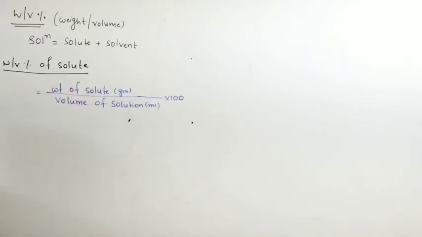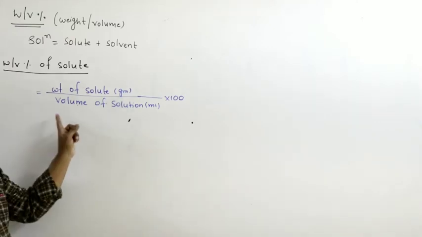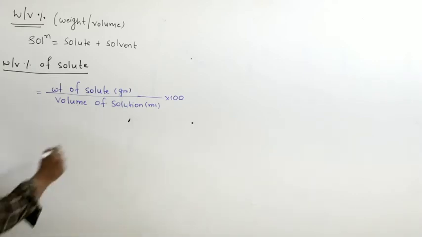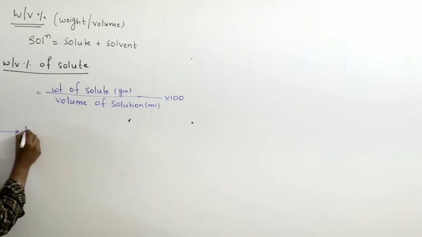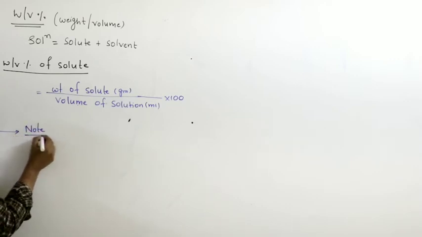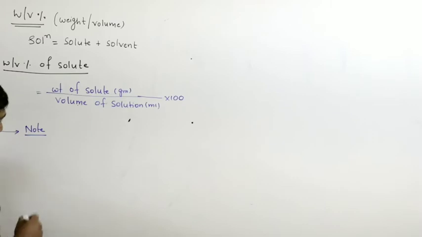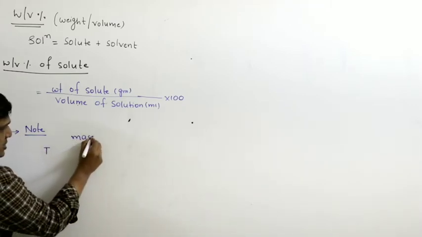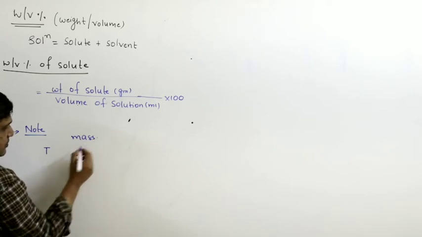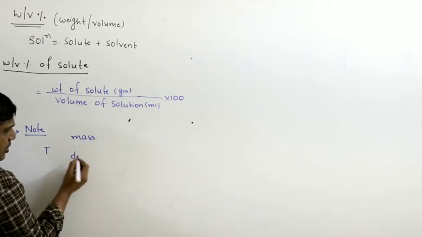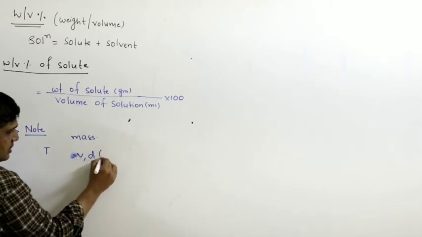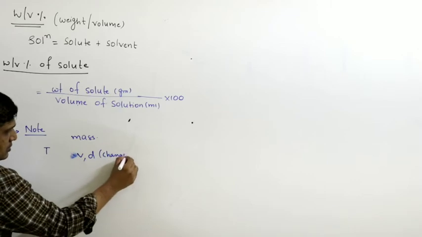You can also define weight by volume percentage of solvent. In the same way, weight of solvent by volume of solution into 100. Now, effect of temperature. Remember, when you change the temperature, mass or weight remains constant, whereas volume and density change.